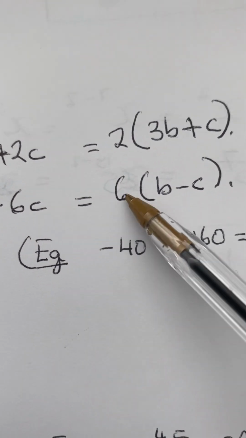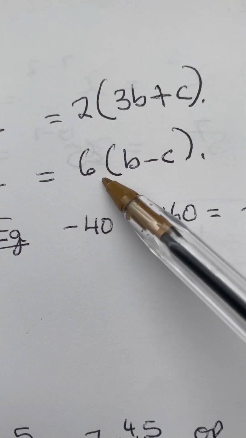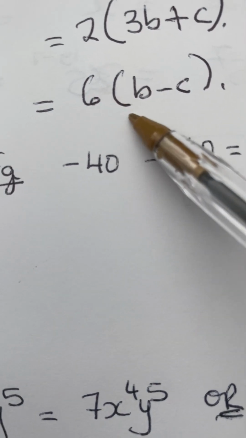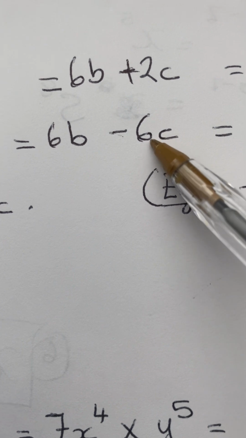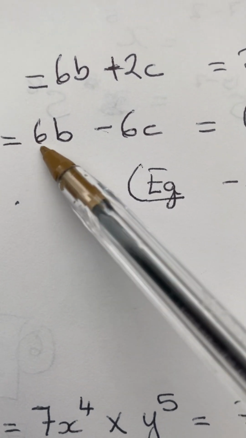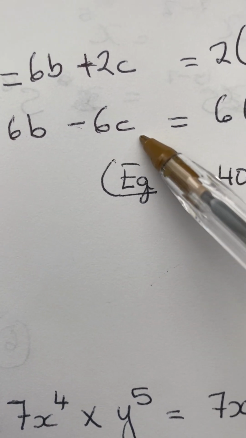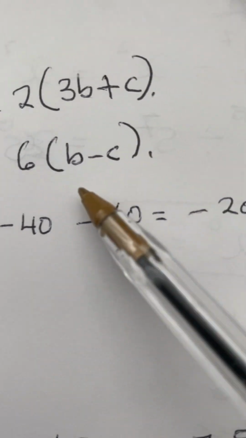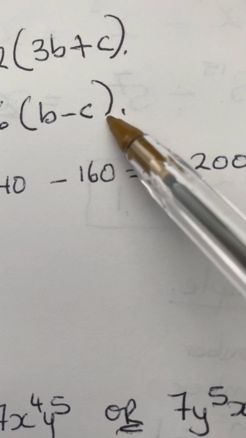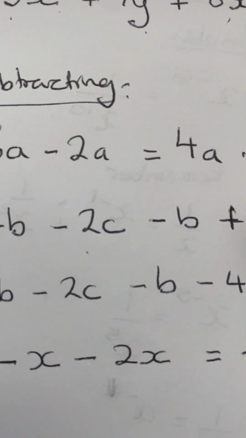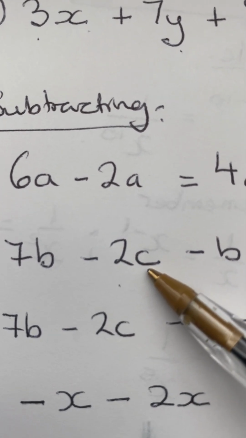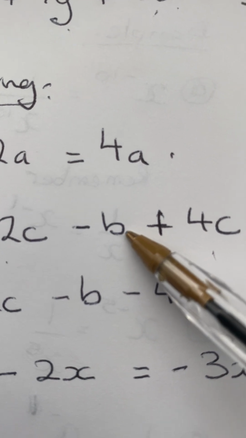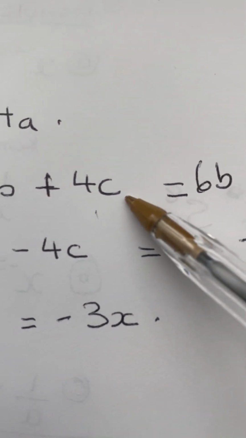Now we can introduce a bracket here. 6 is common, so we'll have 6 bracket b minus c.